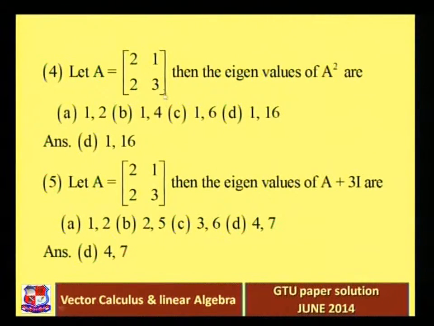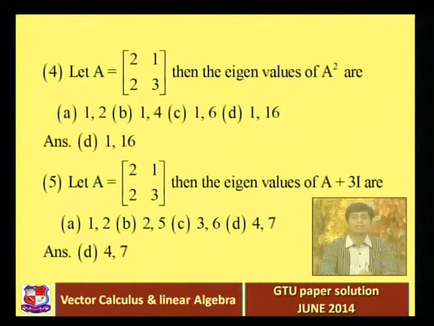So the sum of those diagonal elements is 5. So lambda square minus 5 lambda plus determinant. Now what is the determinant? 6 minus 2, that is 4. So what is our characteristic equation? Lambda square minus 5 lambda plus 4 is equal to 0, right? Lambda square minus 5 lambda plus 4 is equal to 0.